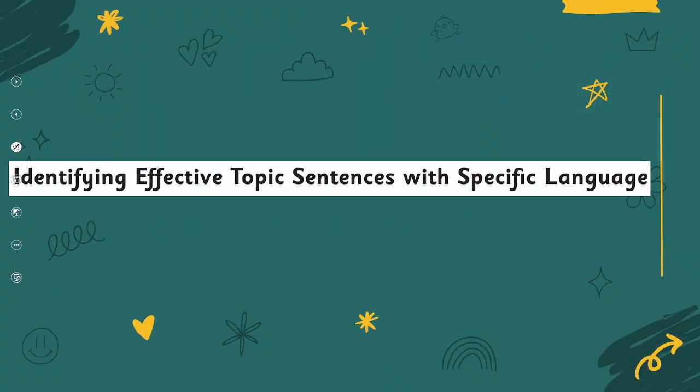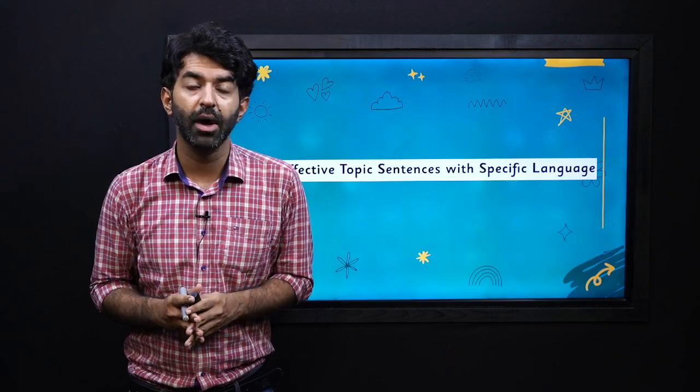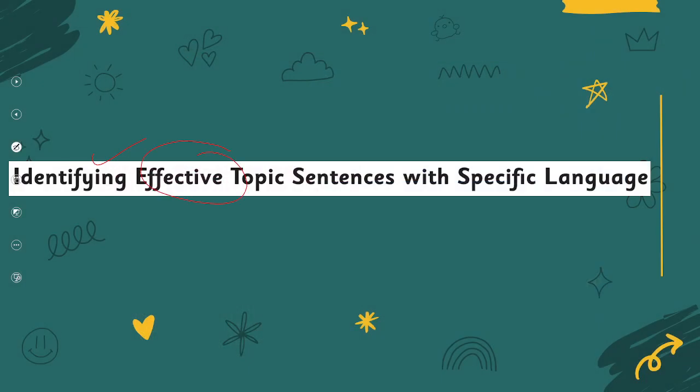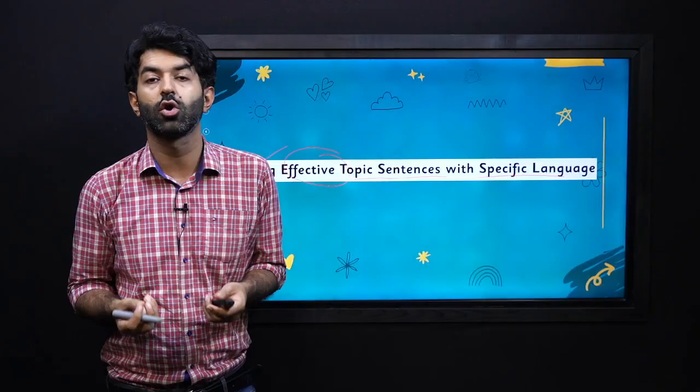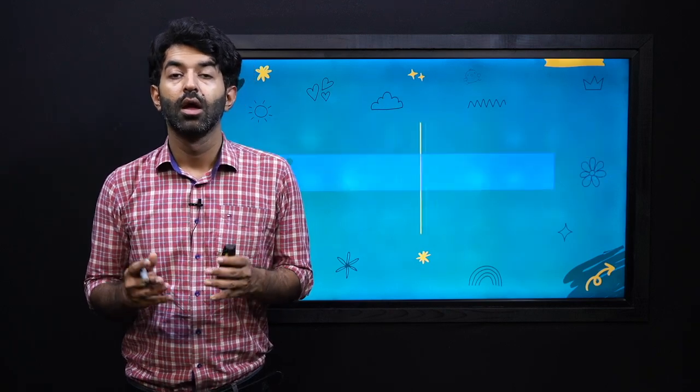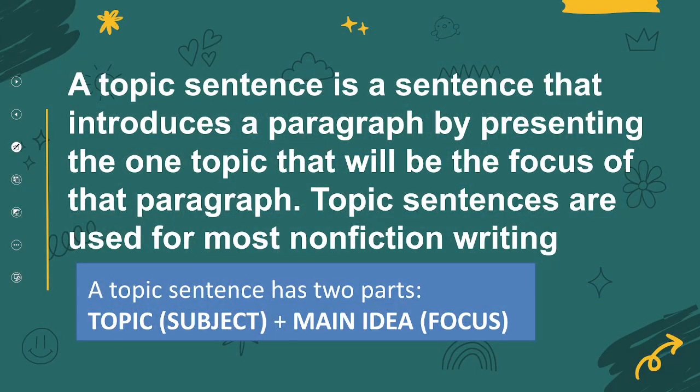All right, students, we are talking about identifying effective topic sentences with specific language, and that language includes your specific words and also the vivid verbs. Let's begin the lesson by understanding what a topic sentence is. It is very much clear by the name that the sentence contains the topic.